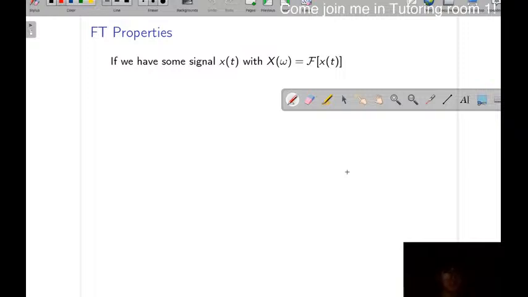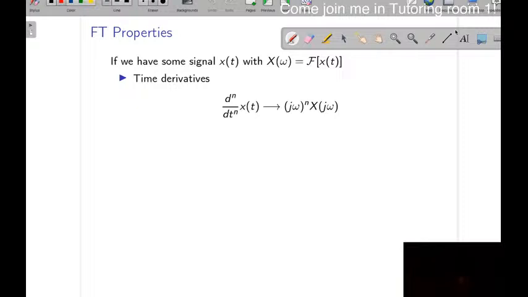There are a few more properties that are important for the Fourier transform. The first that I'm going to go over is taking the derivative in time. If we took the derivative of our signal x, then the spectrum will be the same one, just multiplied by a complex number again, similar to how time shift happened.